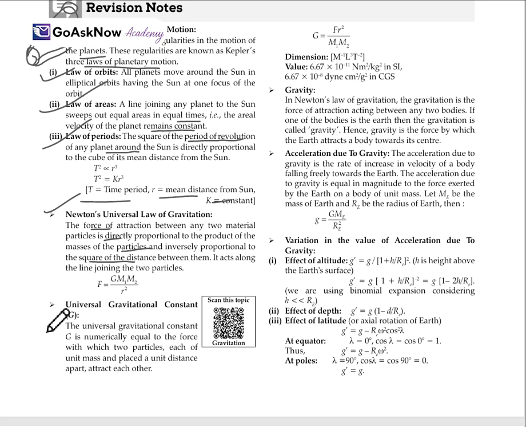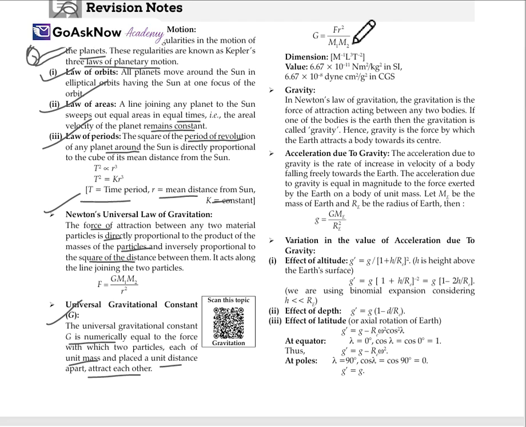Universal gravitation constant G. What does this G mean? This is the universal gravitational constant. It is numerically equal to the force with which two particles, each of unit mass and placed at unit distance, attract each other. The value of G can also be defined mathematically.